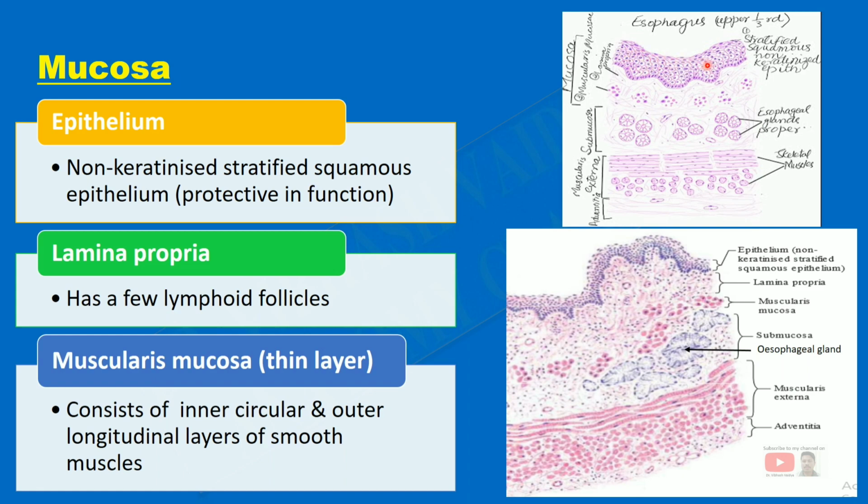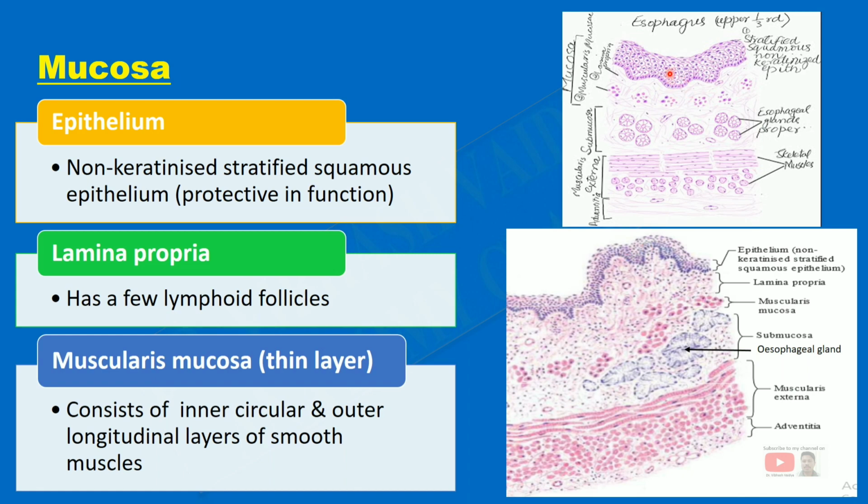Most inner part is known as the lining epithelium, then here we have a lamina propria and the muscularis mucosa. If we are talking about the lining epithelium, the lining epithelium of the esophagus on both the diagrams, you can see here, it is non-keratinized stratified squamous epithelium. Here you can see this non-keratinized stratified squamous epithelium.